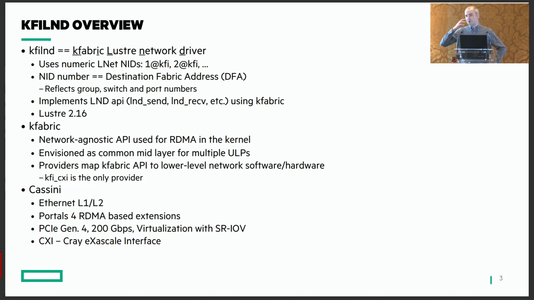So there are features to accelerate a Portals 4-like API in the hardware, and this is what our RDMA software stack is built upon. It's PCI Gen 4, 200 gig, supports virtualization with SR-IOV, and if you were curious, CXI stands for Cray Exascale Interface.